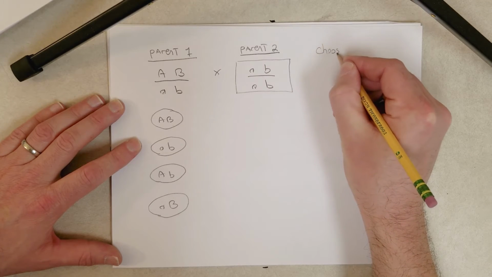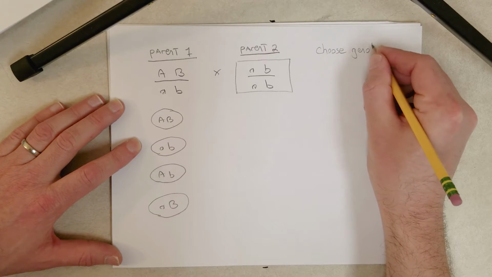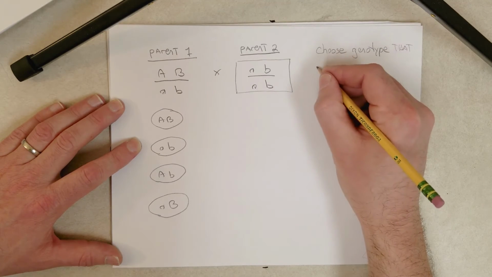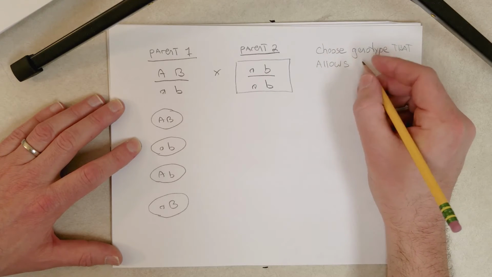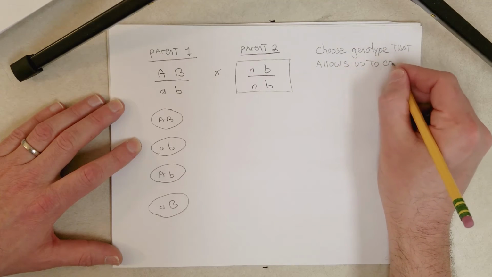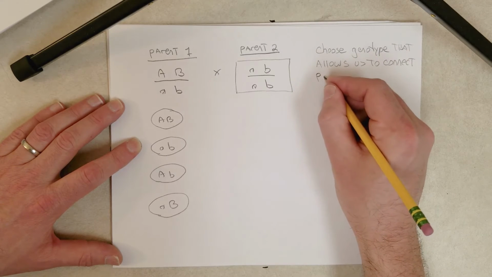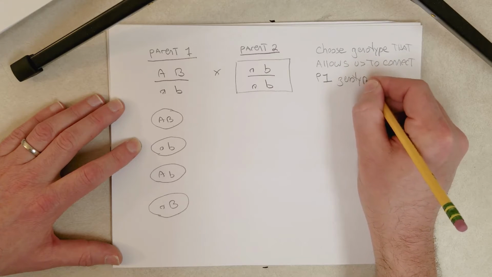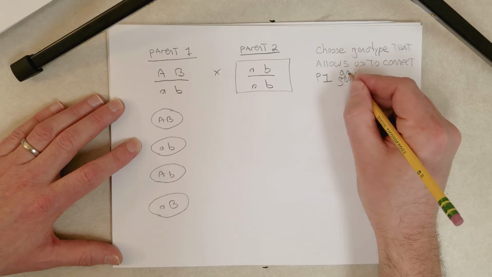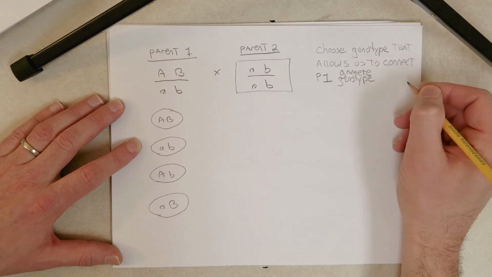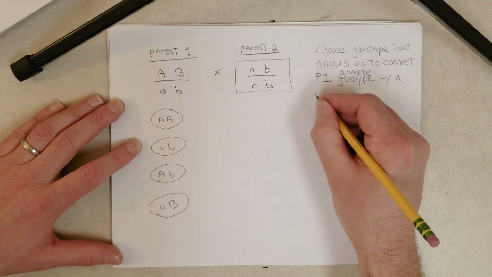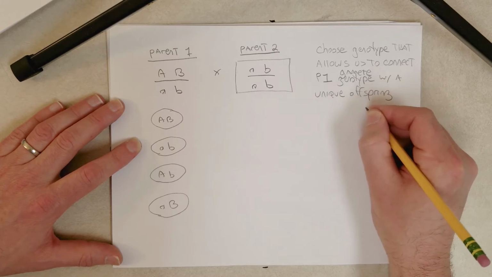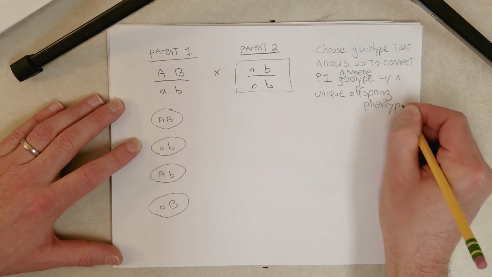So: choose genotype for parent 2 that allows us to connect parent 1 gamete genotype with a unique offspring phenotype.